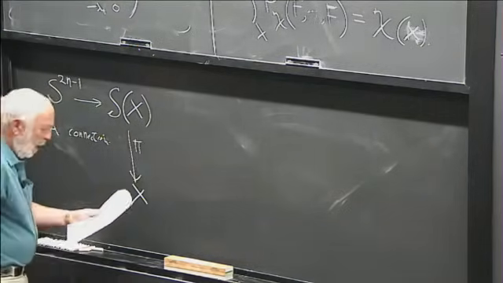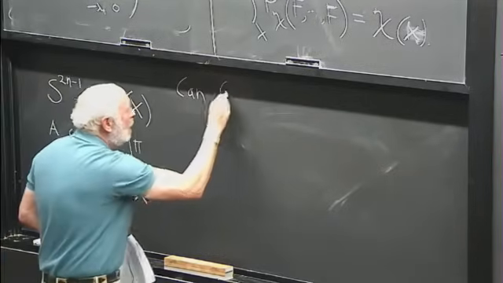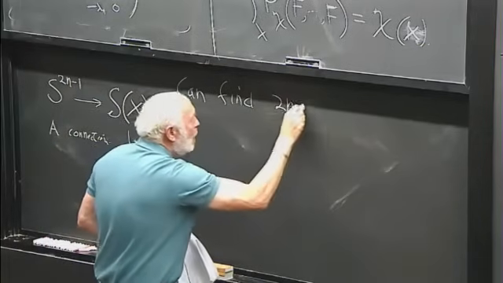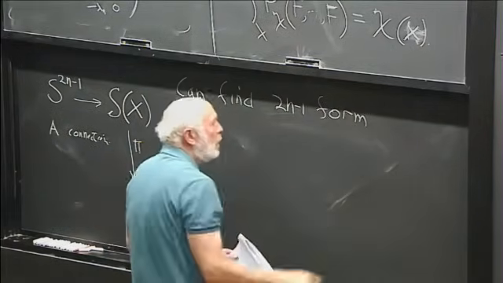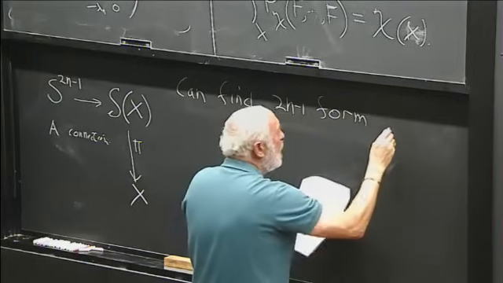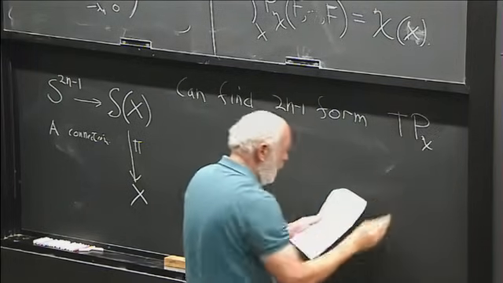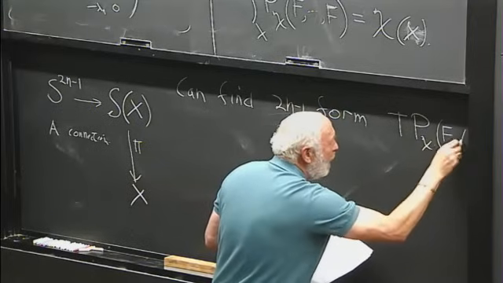Now, one can find a 2n-1 form, which I'm going to call T P sub chi, and it depends on F and A. I won't say how many copies of each, but there it is.